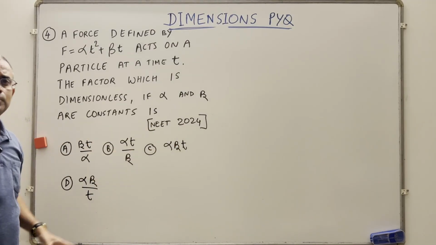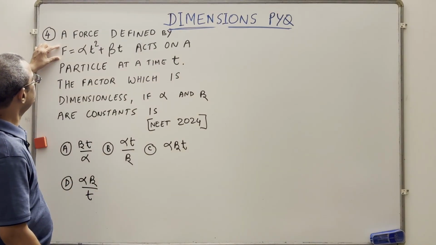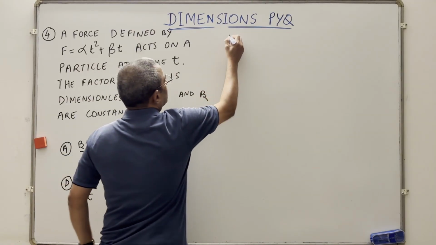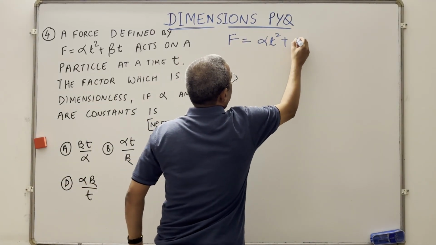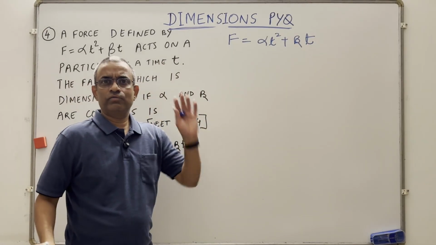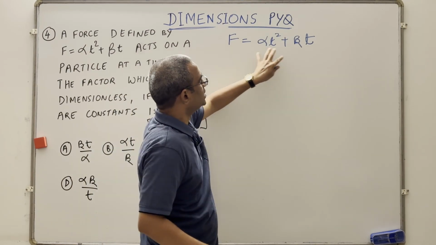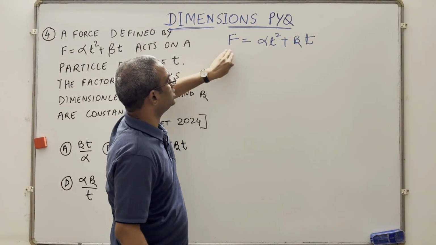Alright, what are the principles involved in this numerical? Look at this. F is equal to alpha t square plus beta t. We have a principle. We can add only similar quantities, and that quantity has to be the final quantity.